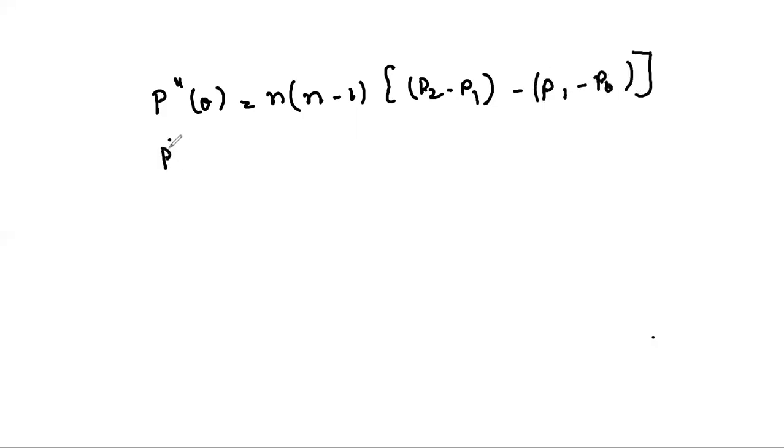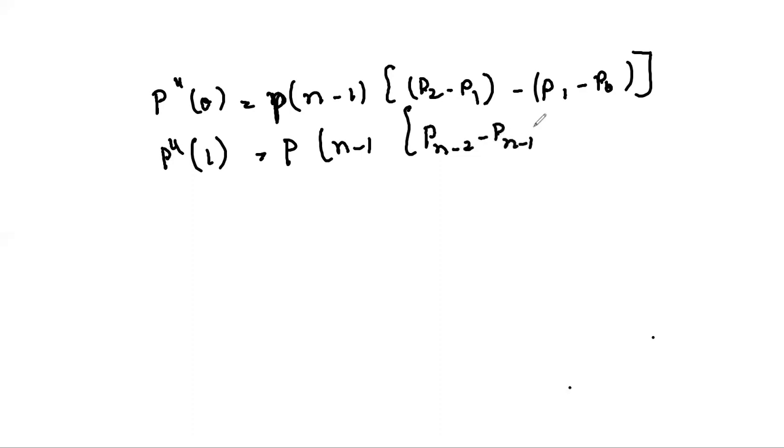So P double dash of 1 will be equal to (P(n minus 2) minus P(n minus 1)) minus (P(n minus 1) minus Pn). This is the second derivative.